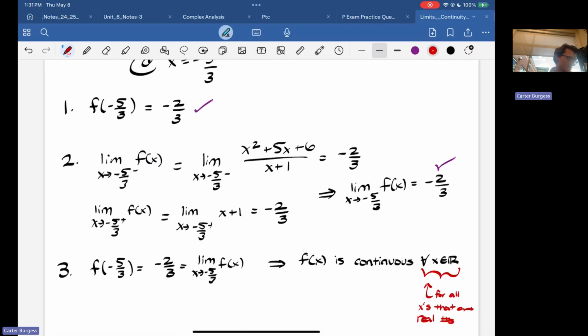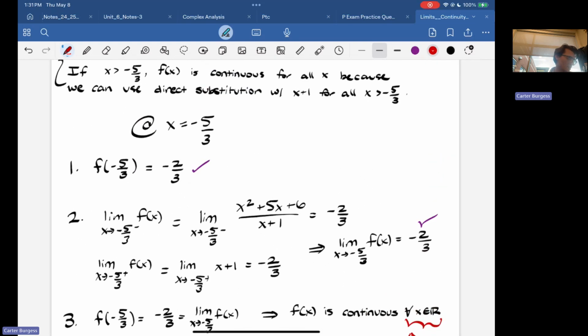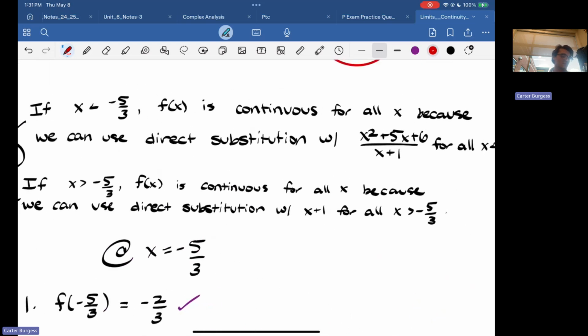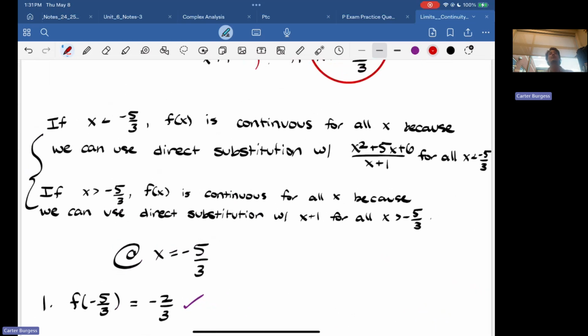So say again. Yeah, you need to make some kind of statement. If I'm asking you to show that it's true for all values of x, and you show me that it's true for -5/3, you've shown that it's true for a value of x, but that's not what I'm asking for, right?